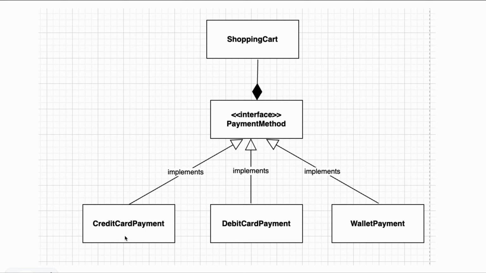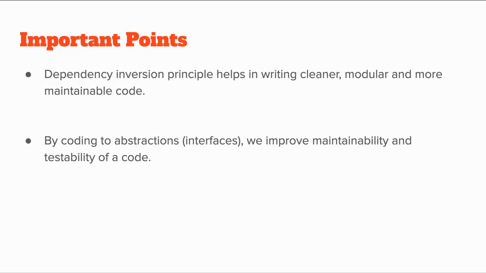Similarly, the low level modules, so here the low level modules are basically different payment options, and they should also depend on this payment method interface, right? And I hope you get super clear about this principle. So here is an assignment for you. So you have to write a Java code to implement this behavior so that you get clear understanding of this principle, right?